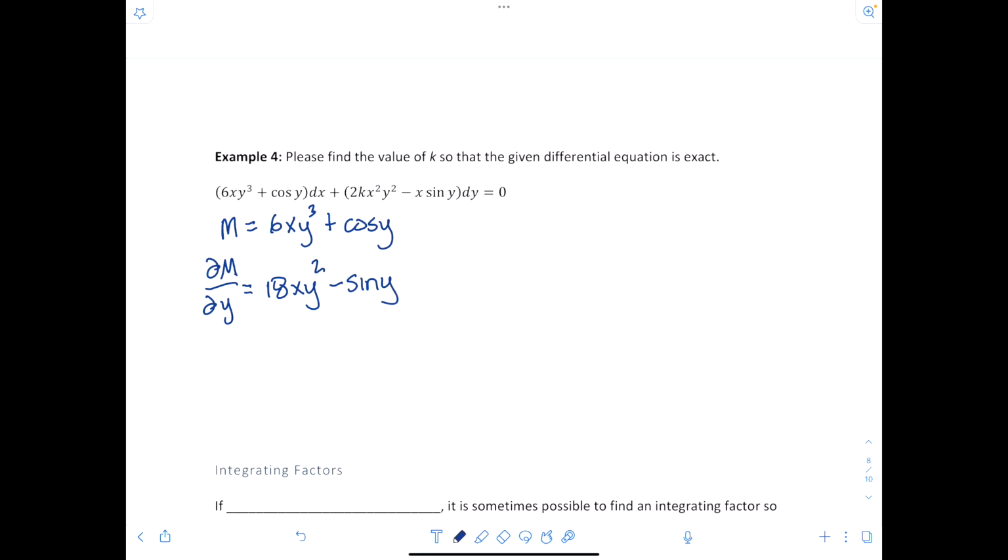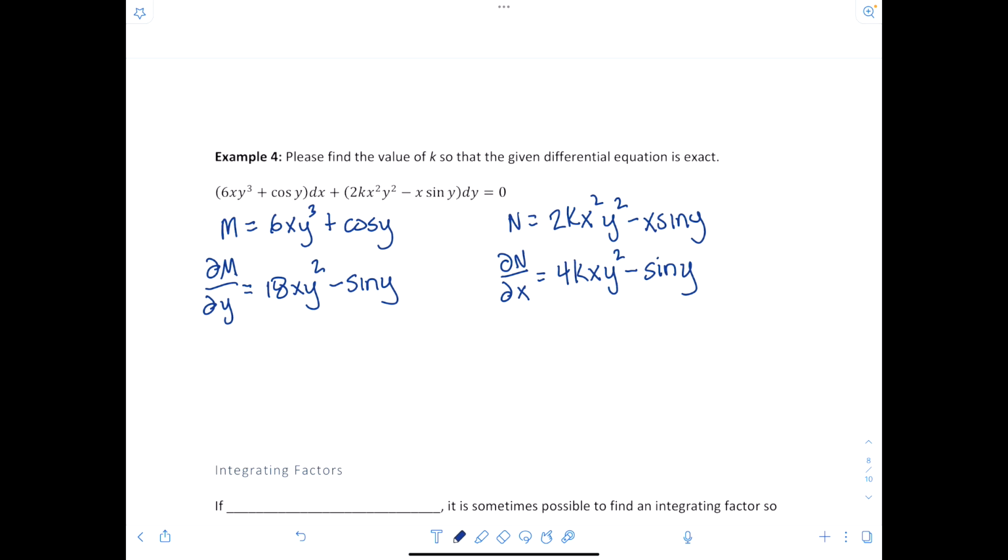Now n is equal to 2k x squared y squared minus x times sine at y. And then finding the first partial of n with respect to x would give us 4kxy squared minus sine at y. And so now we need those to be the same, correct?